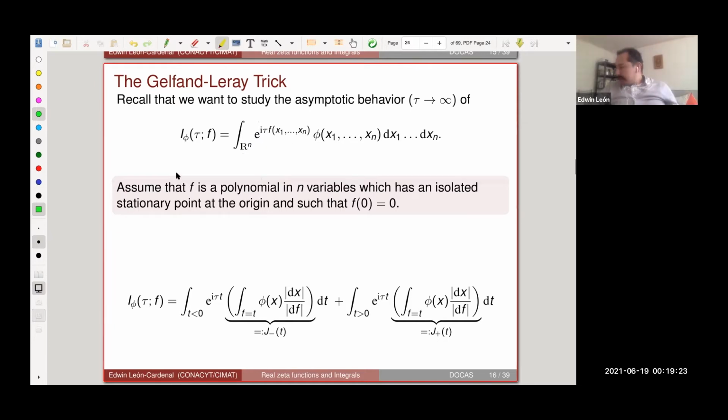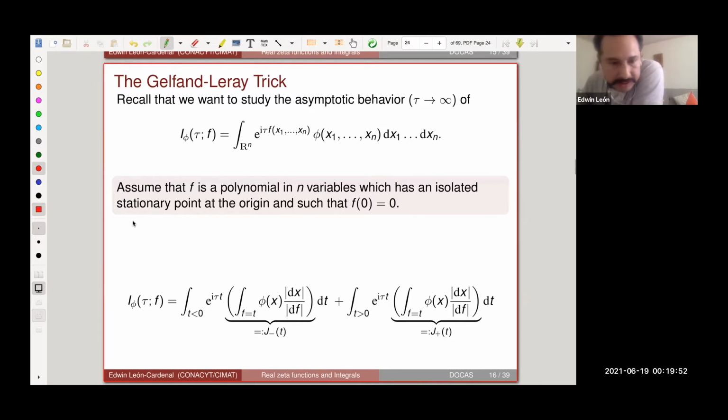And for this part, I'm going to assume that f is a polynomial in several variables, okay? Which has an isolated critical point. So the trick that I'm going to explain is called the Gelfand trick, or the Gelfand form.